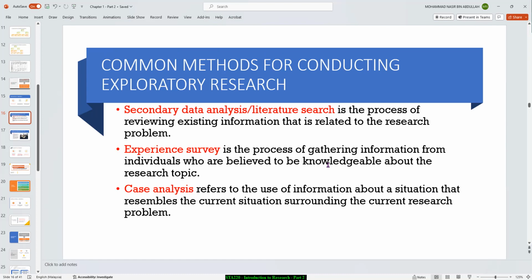Okay, so common methods for conducting exploratory research we can do by using secondary data or literature search, experience survey, ataupun this is interview lah, face to face interview, and case study. Right, case study kita dah tengok tadi kan, case analysis.